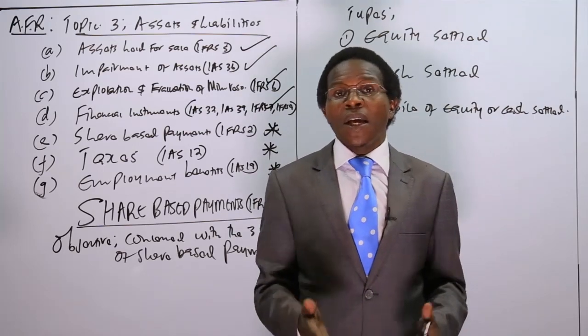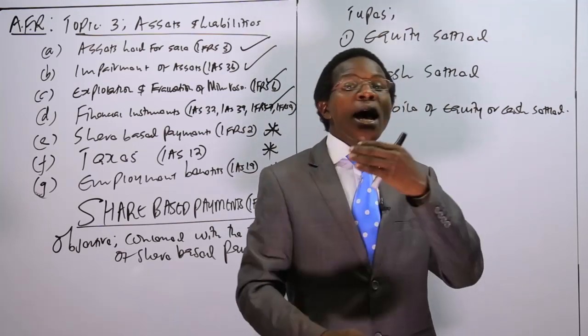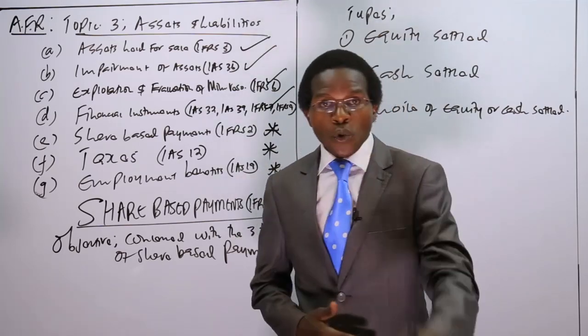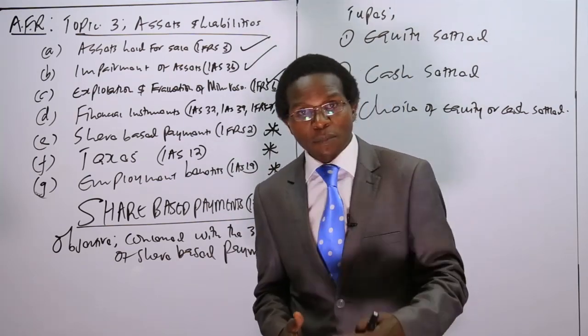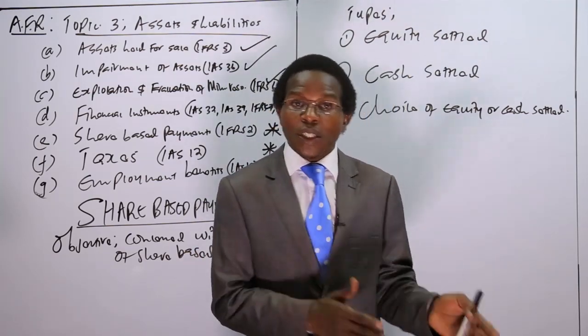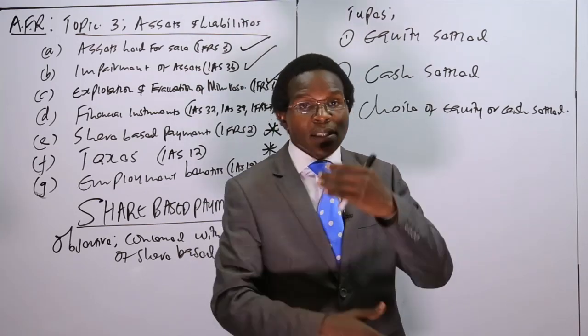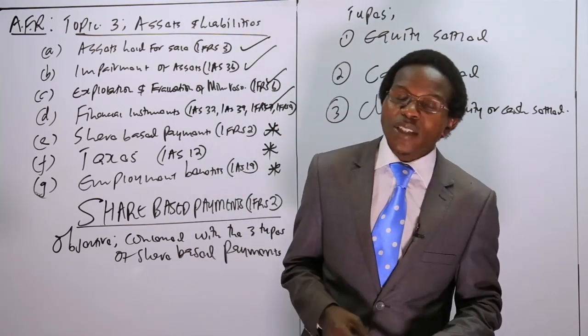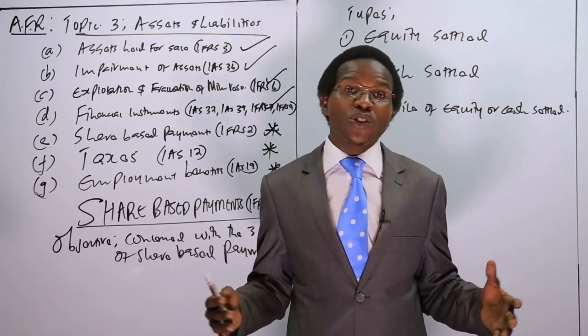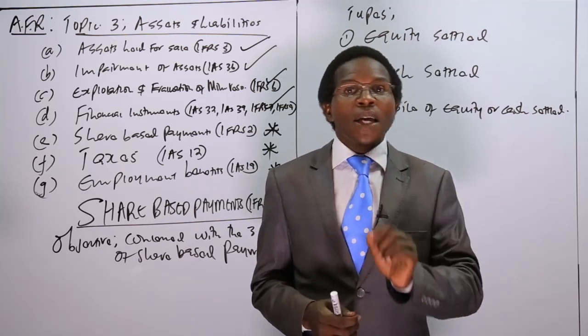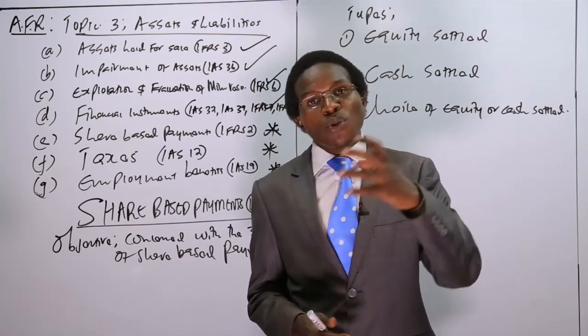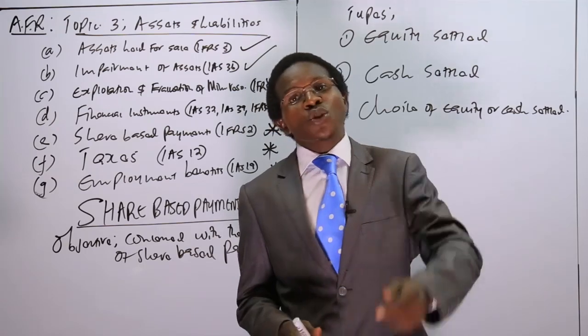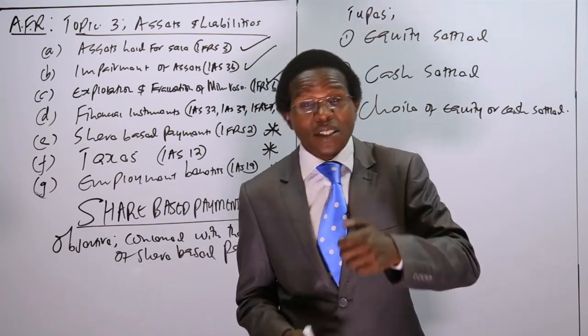So this means that every year we are going to do remeasurement. We are going to make the necessary adjustment. If the price increases or reduces, we'll use the new price every year. Those are very important differences that we need to note. Remember, the equity settled is where we are going to issue shares to the providers of goods and services.